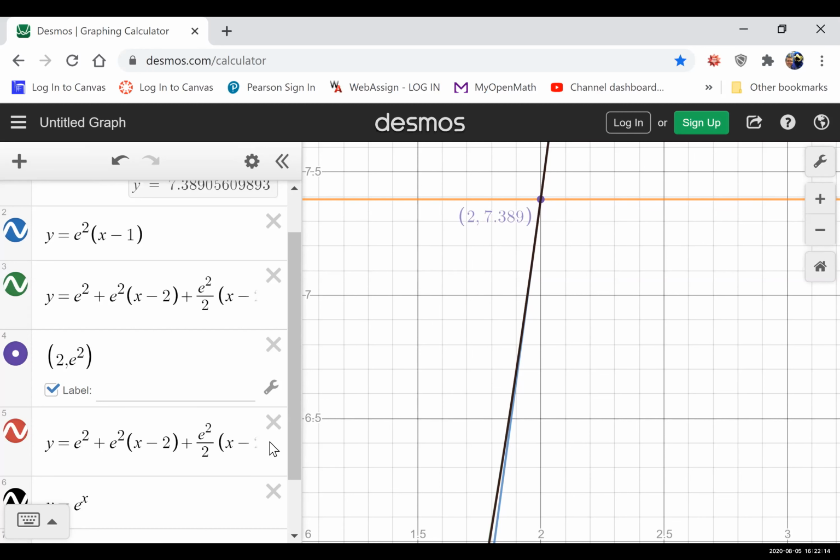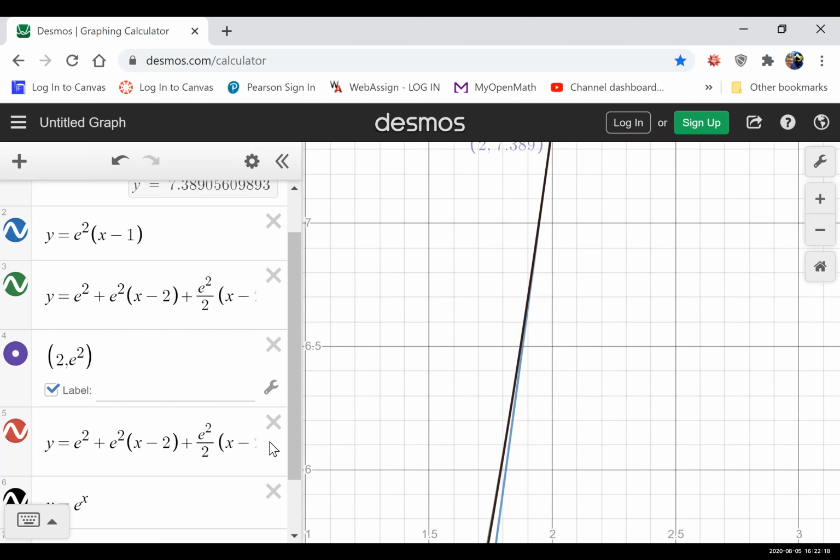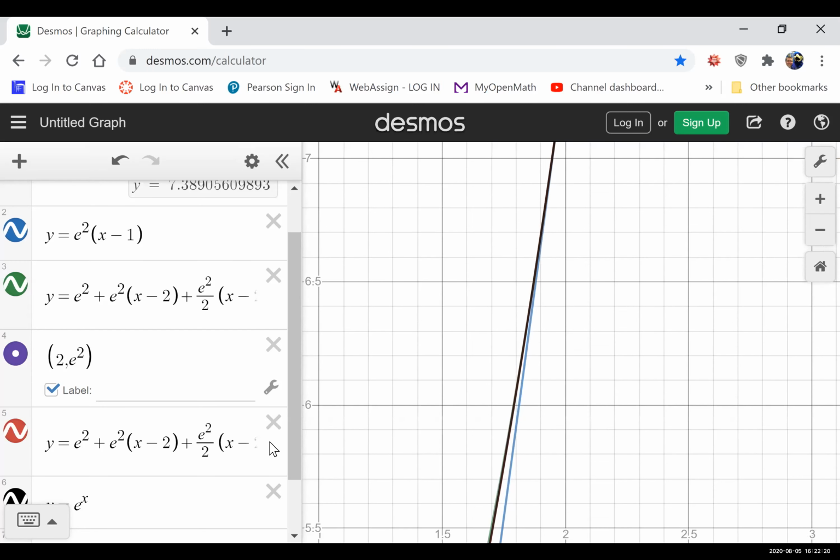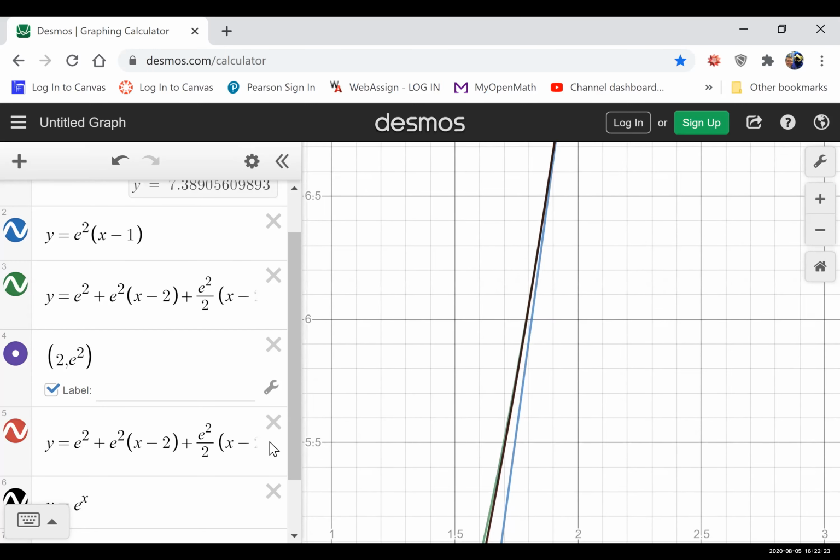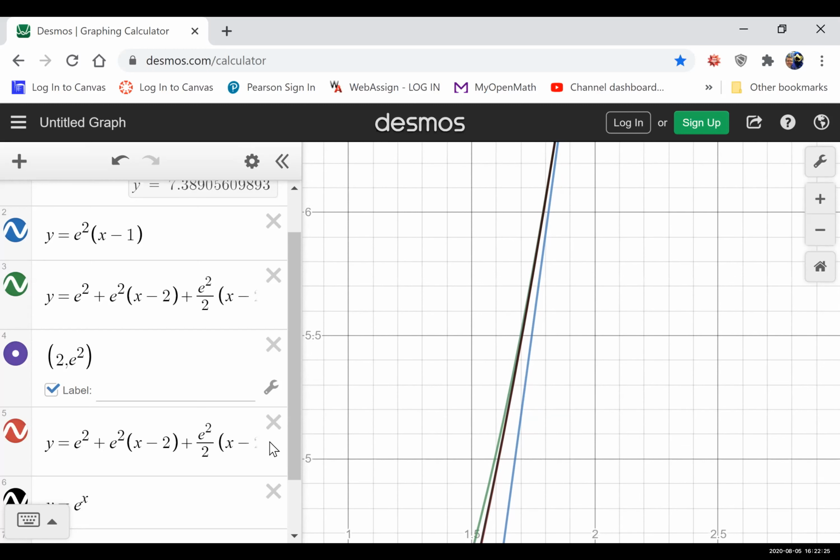And what's the next one that creates error? Oh, it's the green one. See how the green one starts diverging from that black line second? The green one starts getting more error, not as much as the blue, and certainly not as much as the error from just taking a straight line.